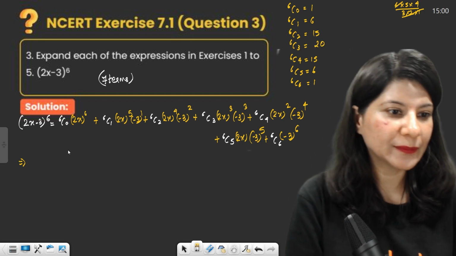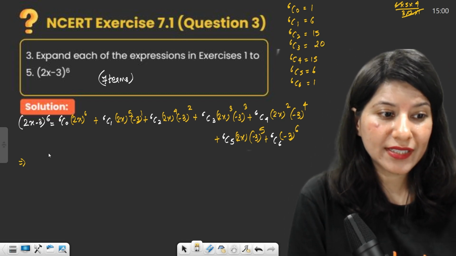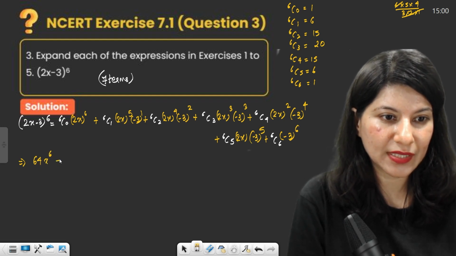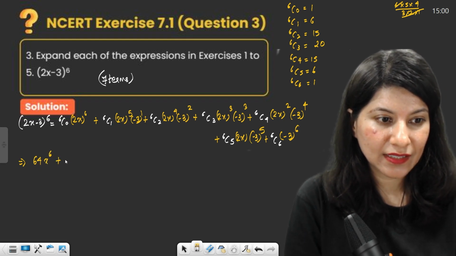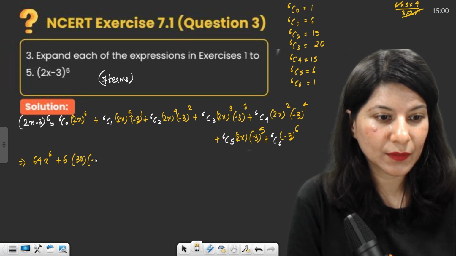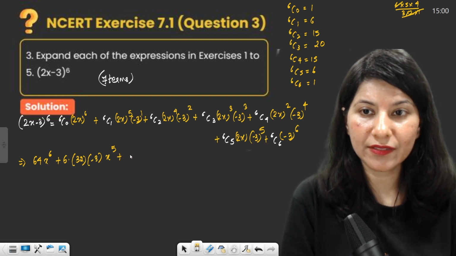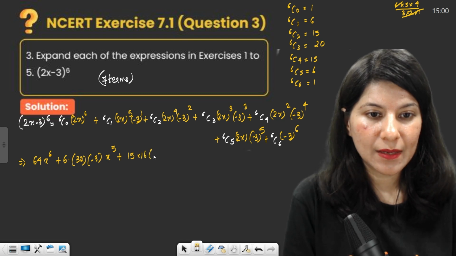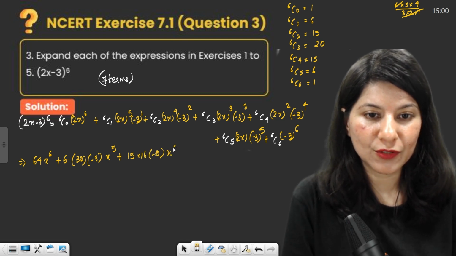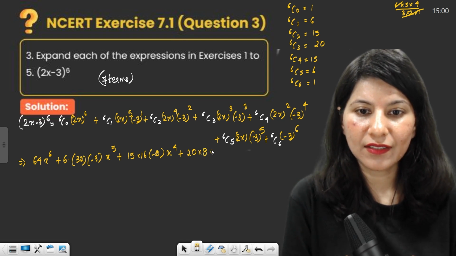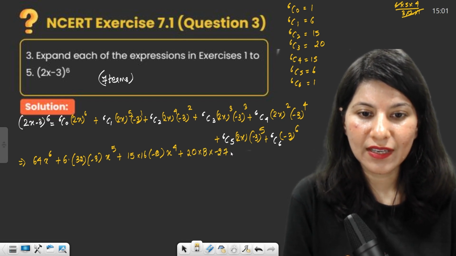So this is 1, 2x raised to power 6, 2 raised to power 6 will be 64x raised to power 6 plus 6, 32 into minus 3, x raised to power 5 plus 6c2 is 15, 2 raised to power 4 is 16, minus 9 and x raised to power 4 plus 6c3 is 20, 2 cube is 8, 3 cube is minus 27 x cube.